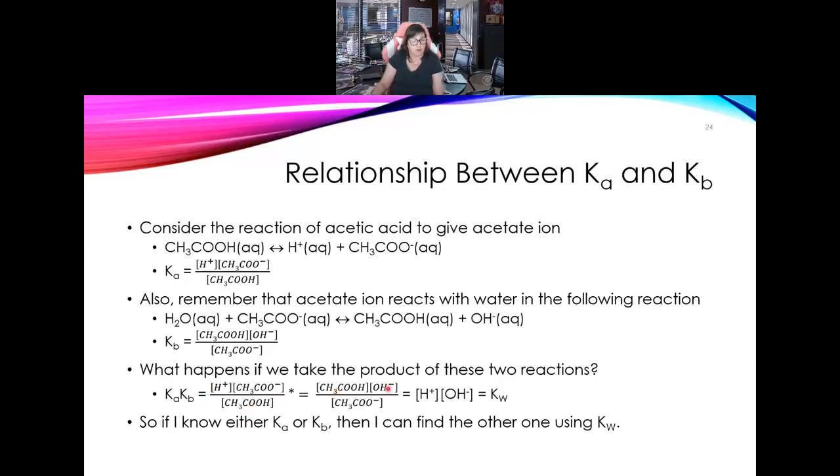And I'm left with H plus times OH minus, which is Kw. So that means I have the definition of Kw. As long as I know what that value is, I can divide by the Ka. So divide Kw by Ka, and that will give me Kb. If I have Kb, I can go the other direction. So there is a relationship there that we can work with.